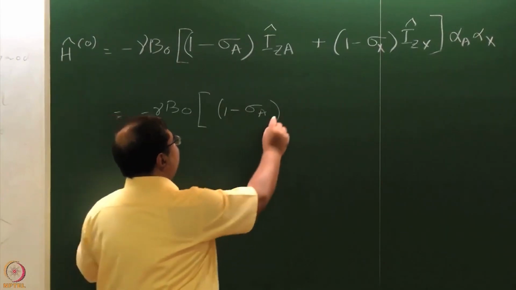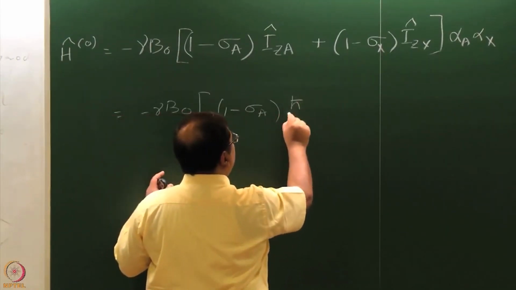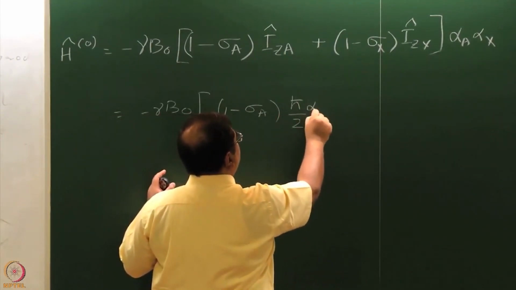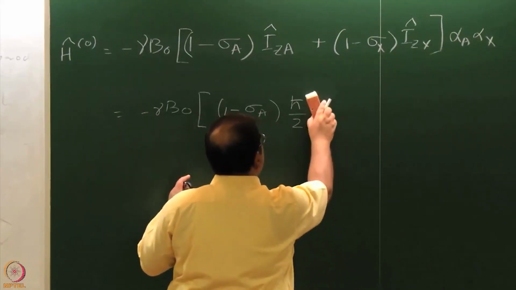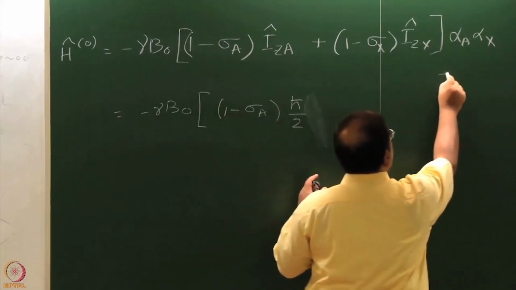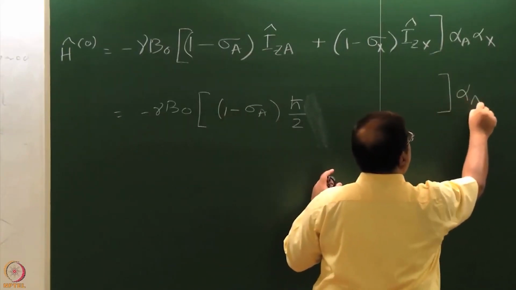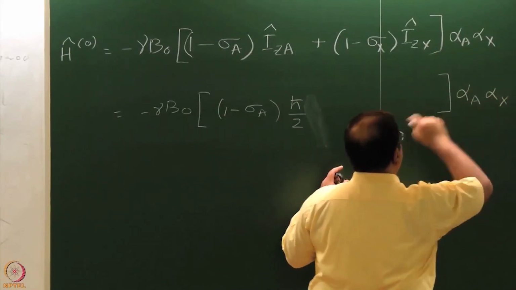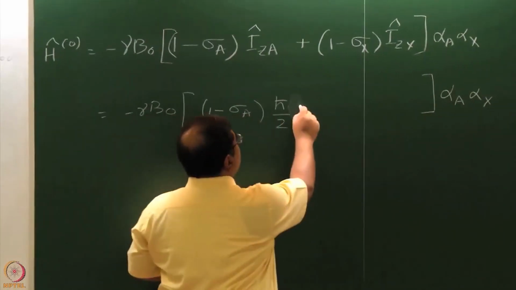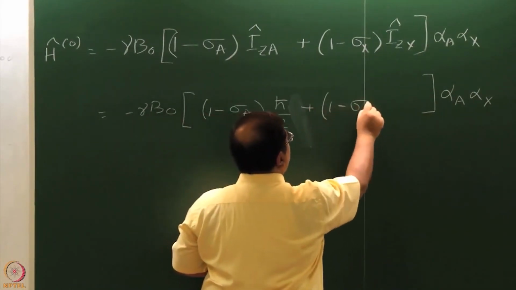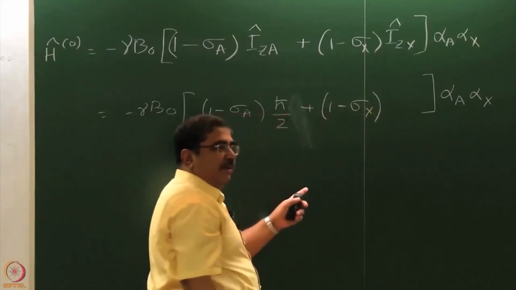So, finally I get h cross by 2 alpha a. Well, I can take alpha a outside the bracket also. I mean, I will take alpha a alpha x out of the bracket. Here I have h cross by 2. What about this? 1 minus sigma x, exactly same.